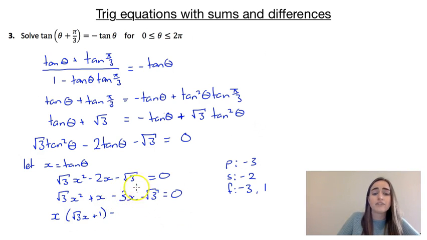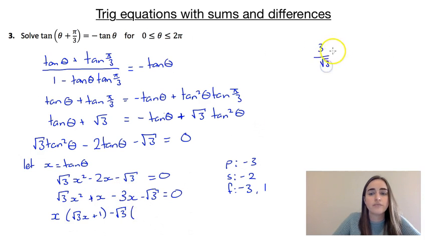Now this one's a little bit harder to see what we're going to pull out. I'm going to pull out a negative because they're both negative terms, but we want to make what's left over here the same as this. So what I'm actually going to pull out of this section as a common factor is the square root of 3. Now if we divide this by 3, we'd have 3 over root 3. If we rationalize that, we'd have 3 root 3 over 3, because we've multiplied top and bottom both by root 3, which just gives us root 3.